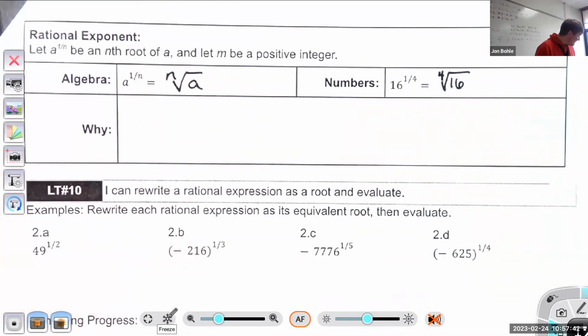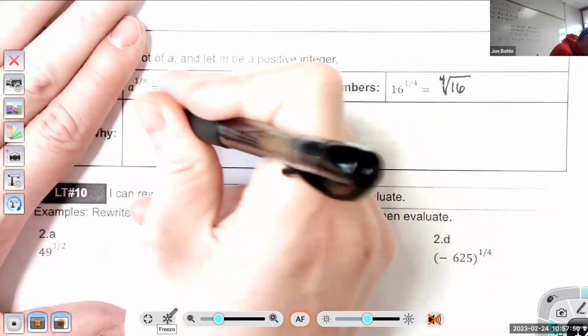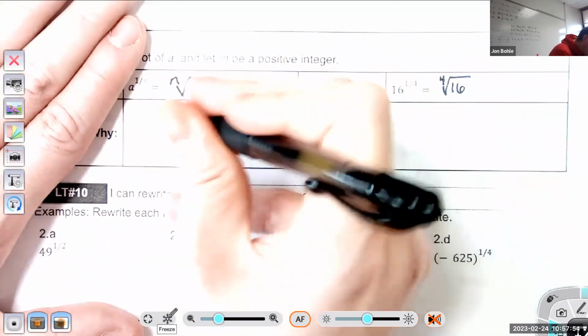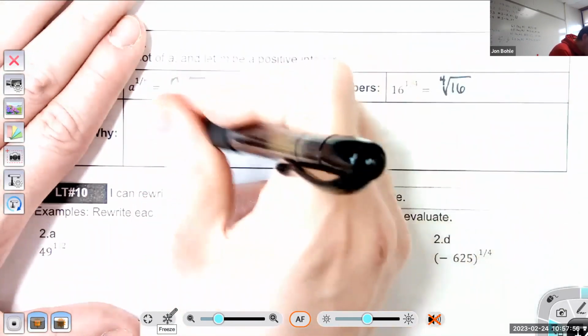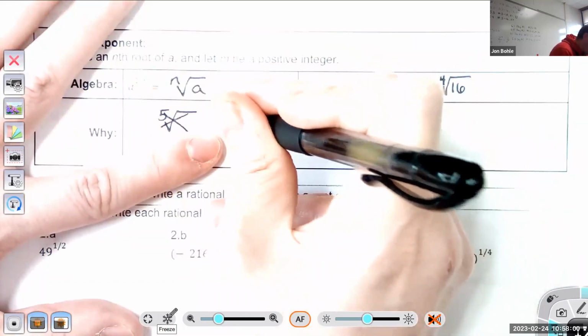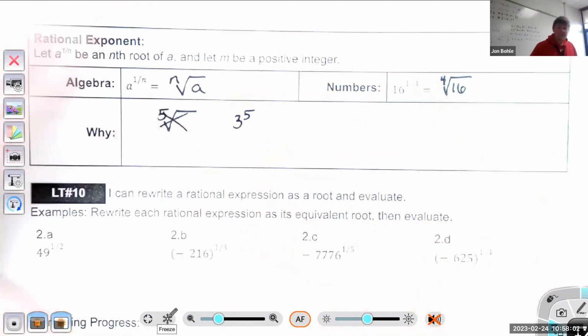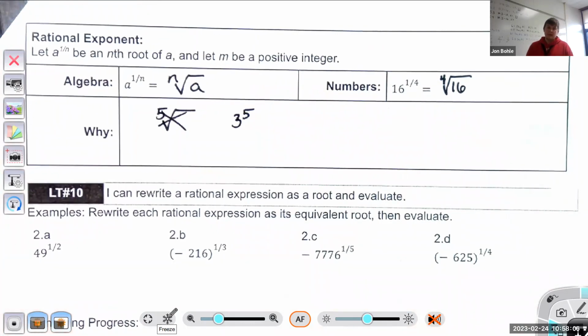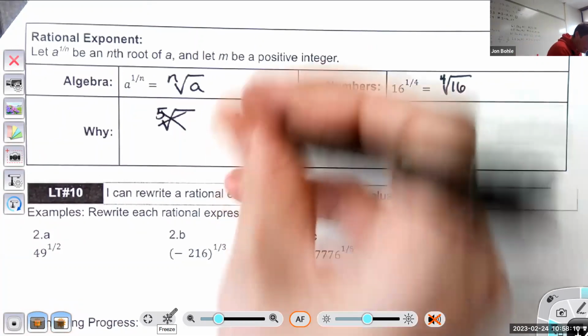Imagine that I have 3 to the 5th power. If you use your chart to the side, 3 to the 5th power is just 243.